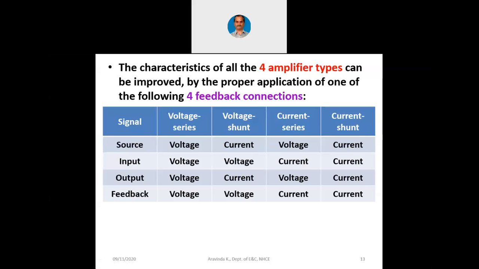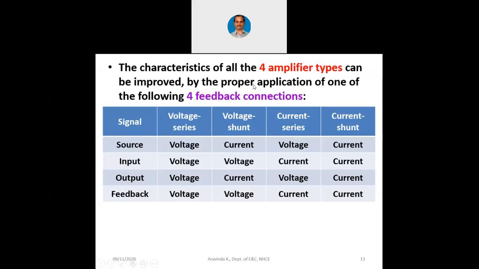If input is current and output is current, then it's called a current amplifier, sometimes called a buffer. We will have some applications where we have to convert voltage into current, and current into voltage. That is when we use the other two types of amplifiers. That way we have four amplifier types.